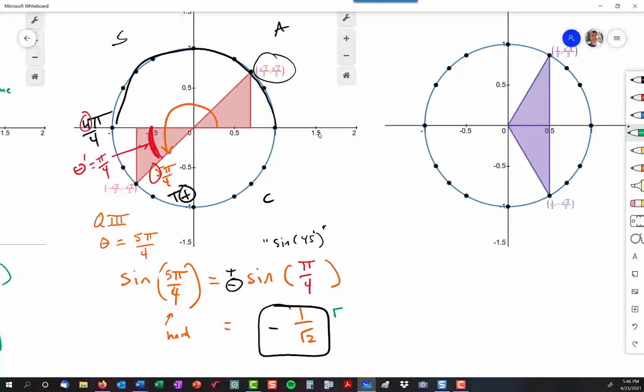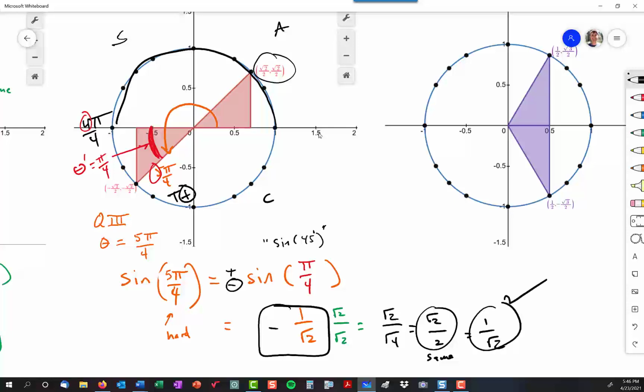If I multiply square root of 2 over the square root of 2, that equals square root of 2 over square root of 4, which is the square root of 2 over 2. And so numerically, the square root of 2 over 2 is the same as 1 over the square root of 2. This is my choice. I just prefer 1 over square root of 2. It saves me some work, and I just memorize it that way. That was just a little side discussion there.